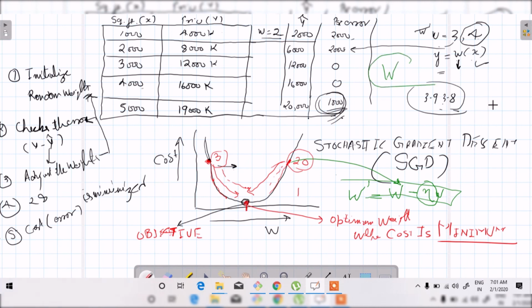In a neural network there will be some other parameters. There are a lot of parameters in a neural network, like number of epochs, number of batches, all of which will ultimately reduce your cost. So the ultimate objective of the gradient descent algorithm is to find the value of the parameter or parameters which, when we apply them to our input data set, give us the reduced cost, right?